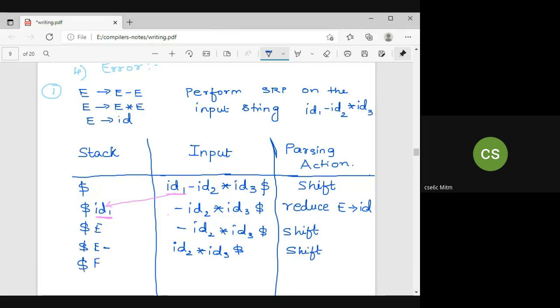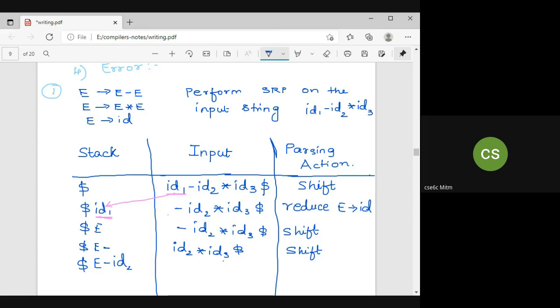Next is E minus ID, ID2. E minus ID2. So this gets shifted here. What remains? Star ID3 and dollar will remain. I'm going to write it below that so that it will be easy for you to follow.